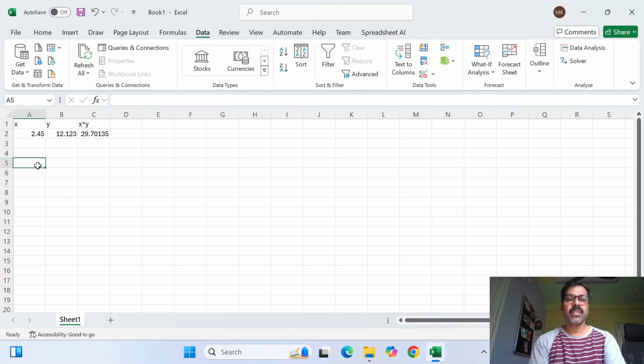Now we can also do it in a different way. For instance, if I would like to fix the value of an algebraic equation such as x squared plus 2x plus 2, which is y.